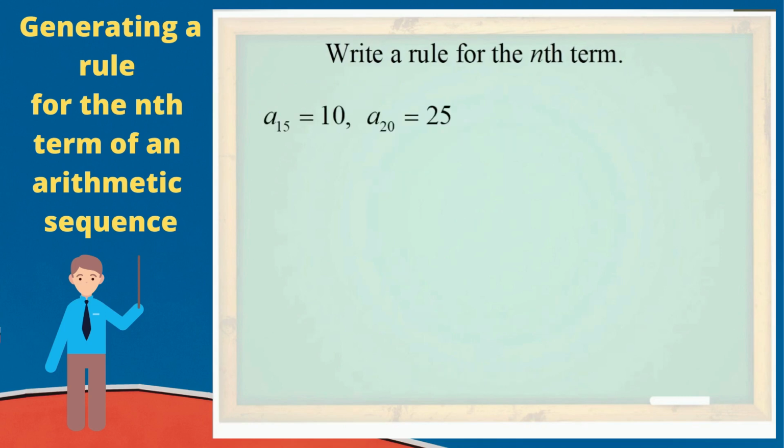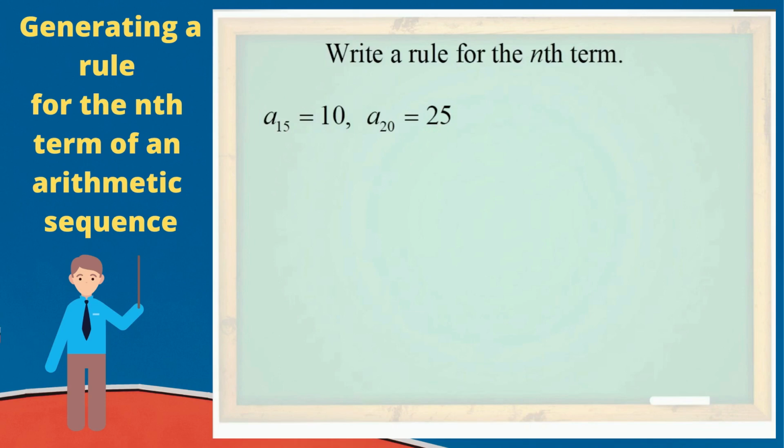Another example: write a rule for the nth term for this particular sequence. We have a sub 15 equals 10 and a sub 20 equals 25. What we do not have here is the value of the common difference and the first term.